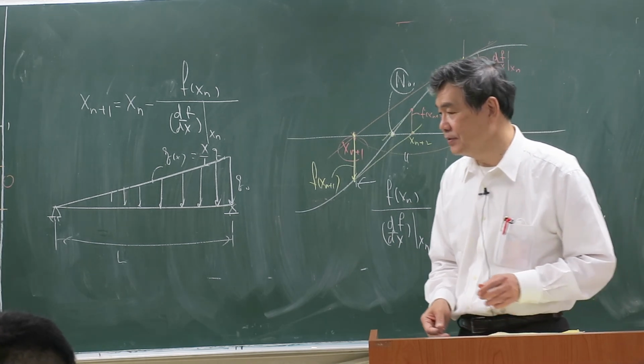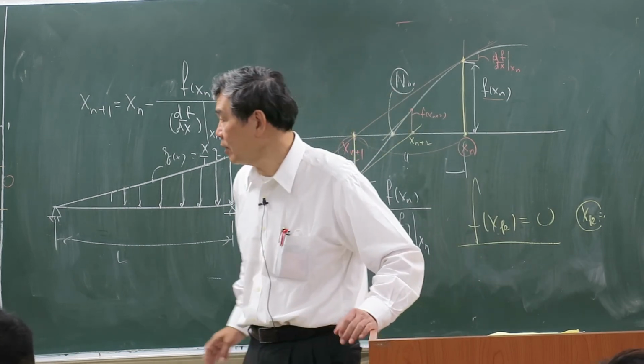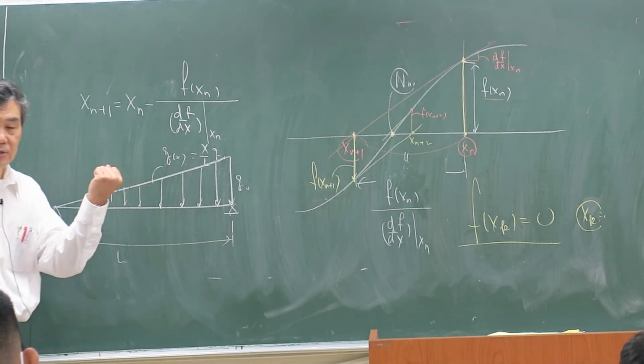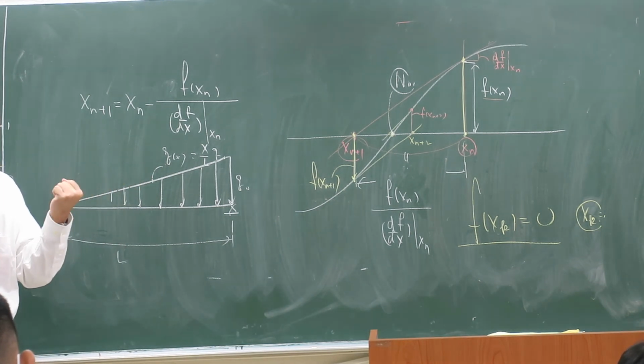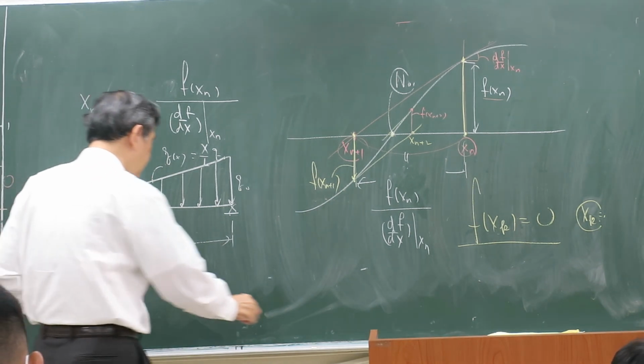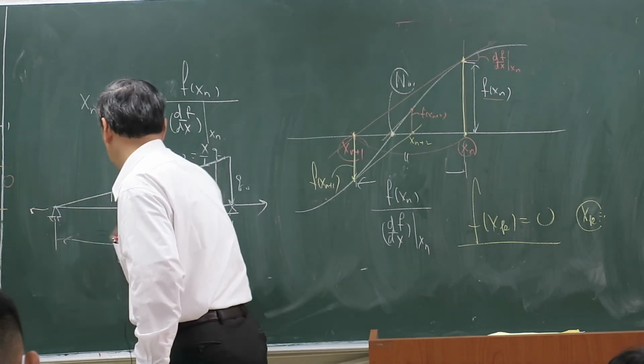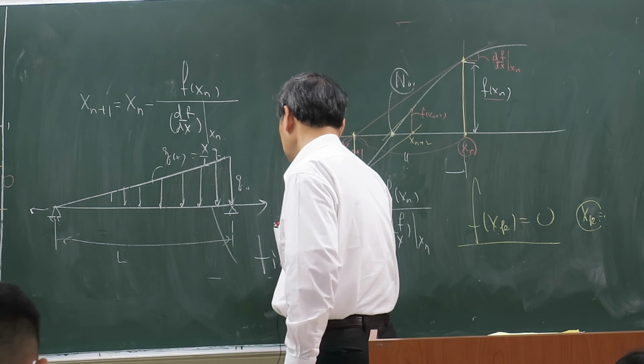Thursday we are going to talk about not the tension. The axial force is compression. That becomes a buckling problem. For this kind of a beam with tension, we call this the tie beam.